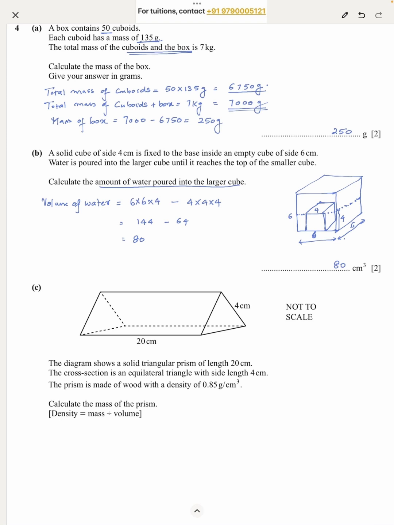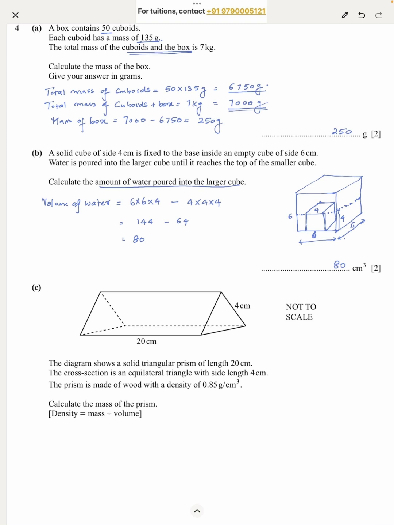Then Subdivision C. The diagram shows a solid triangular prism of length 20 cm. The cross section is an equilateral triangle with side length 4 cm.